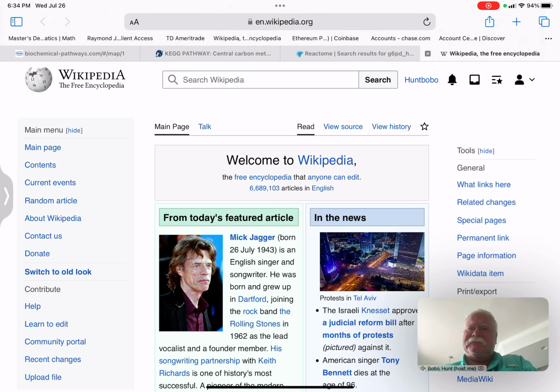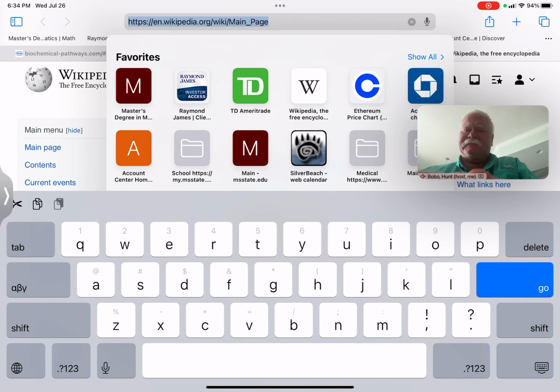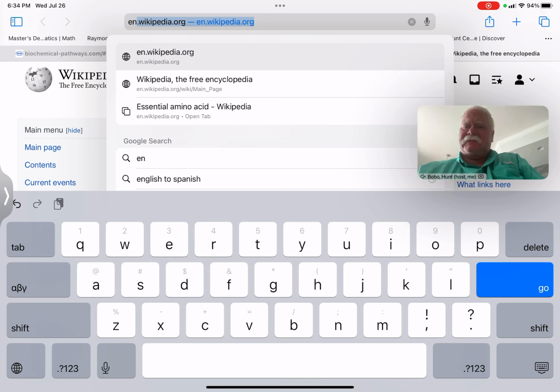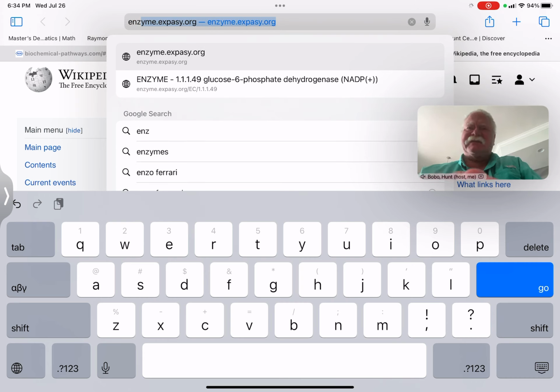The word enzyme means in yeast. The Germans took it from the ancient Greeks. Zyme was a German word for yeast, which came from the Greek word zyme, and it was first found in yeast.